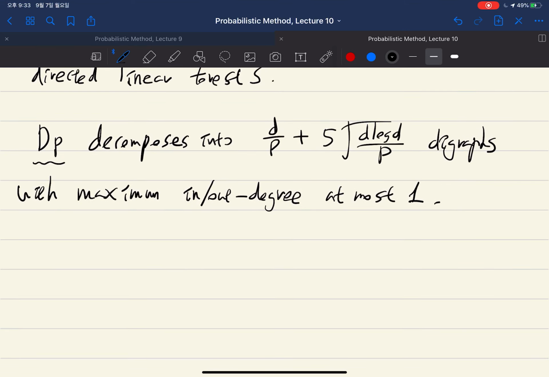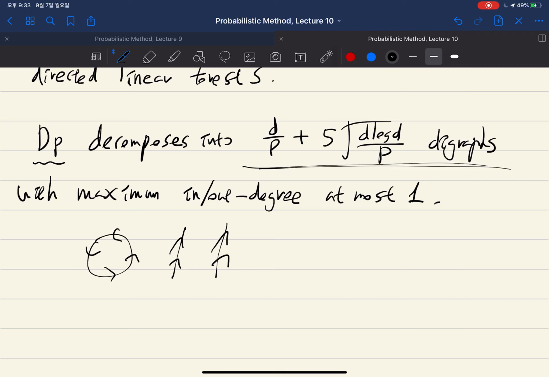And each such graph actually decomposes into 2 directed linear forests, because such a digraph is a disjoint union of directed cycles and directed paths. Once we have that, you just cut the cycle into 2 directed paths. So you take one such directed linear forest and then the other one.